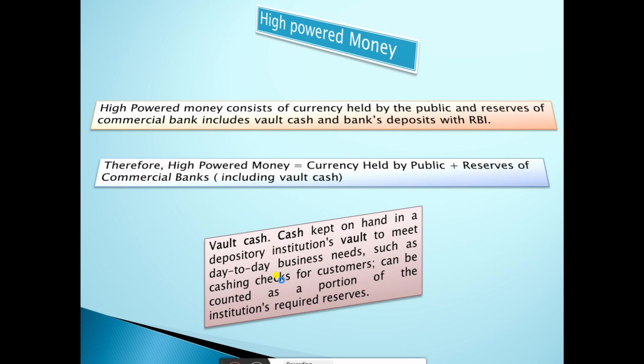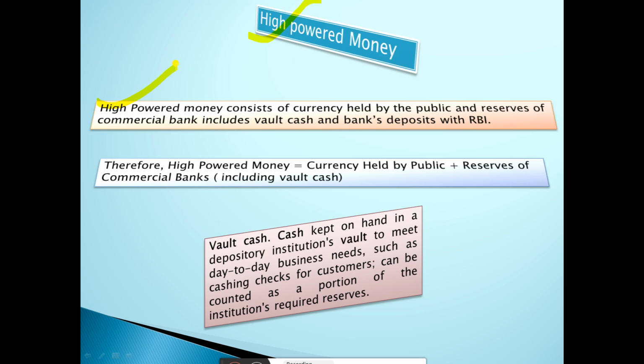Next, an important point is given. What is high powered money? High powered money consists of currency held by the public and reserves of commercial banks, which include vault cash and banks' deposits with RBI.